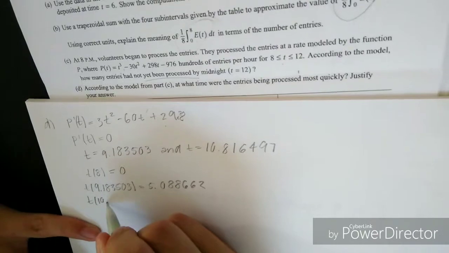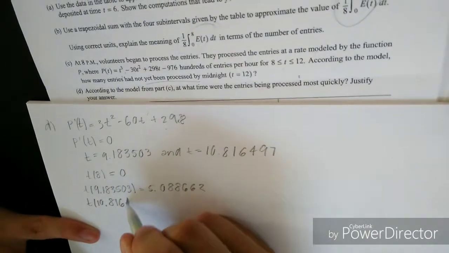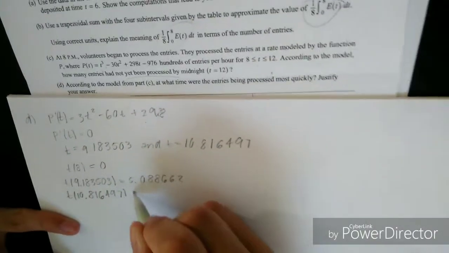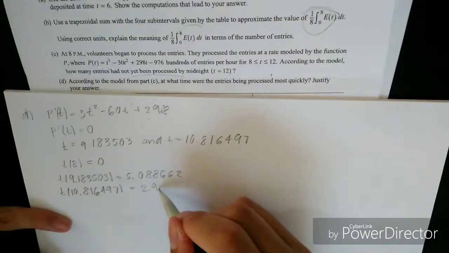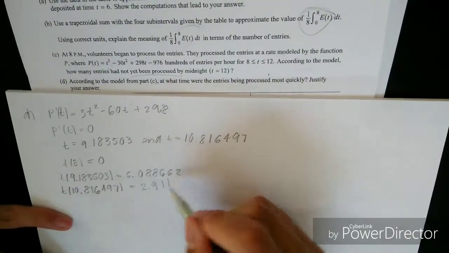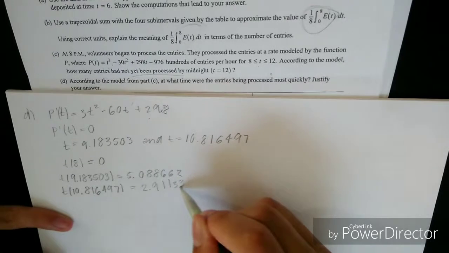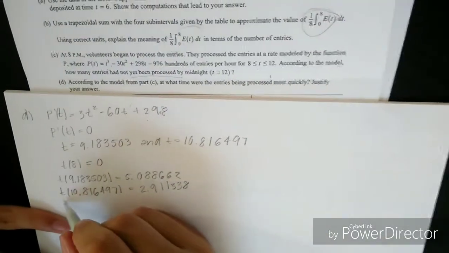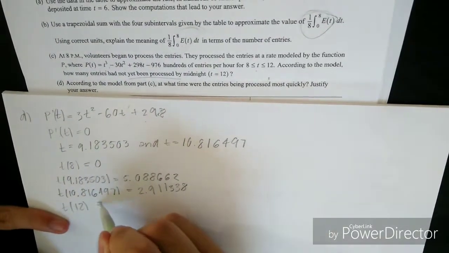P of 10.816497 is going to be 2.911338, and the value of P of 12 is going to be 8.